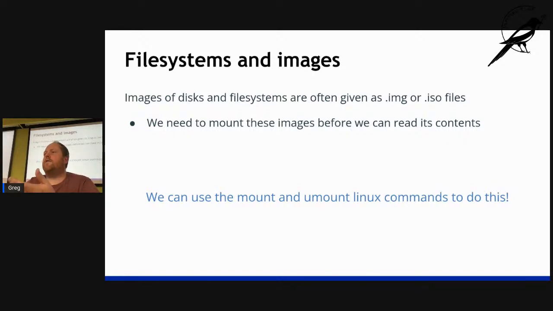Mounting it is analogous to having a USB drive and plugging it into your computer. Or if you are old like me and used to have CD-ROMs on your computers, it's the same sort of thing. Taking a disk and throwing it in your computer will mount it. It's the same idea with an image file that we might receive.